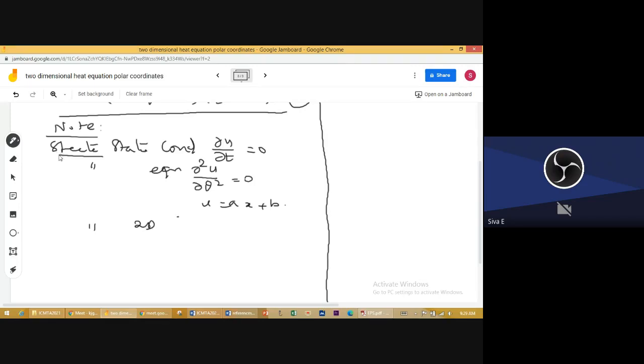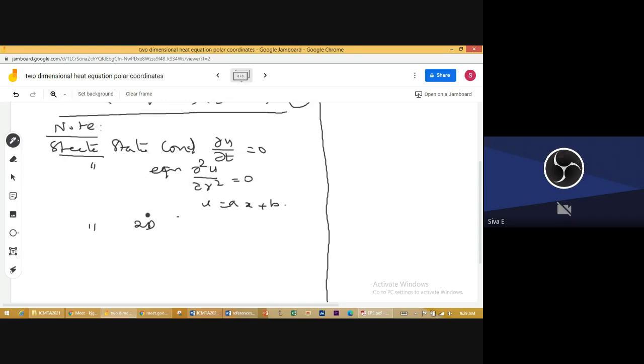The condition is the same, this will not vary. Please correct me if I make any mistake.